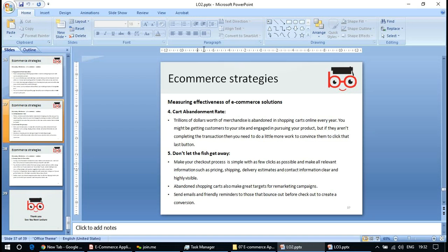Next is, don't let the fish get away, which is connected with the cart abandonment rate. If somebody has placed an item in the shopping cart, they should be taken quickly to check out, and convinced to finalize the order. Yeah, you need them to do that.